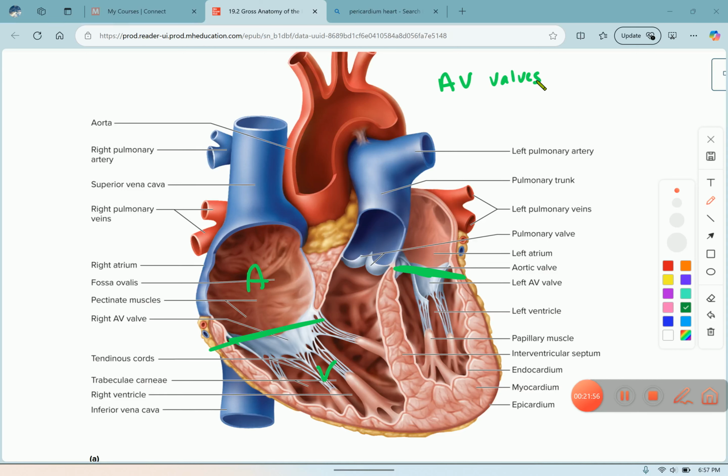I'm going to give you a lot of different names for these valves. Collectively, we have the AV valves, and then you can break it down into the right AV valve, which stands for atrioventricular. So AV is atrioventricular. And you have the left AV valve.